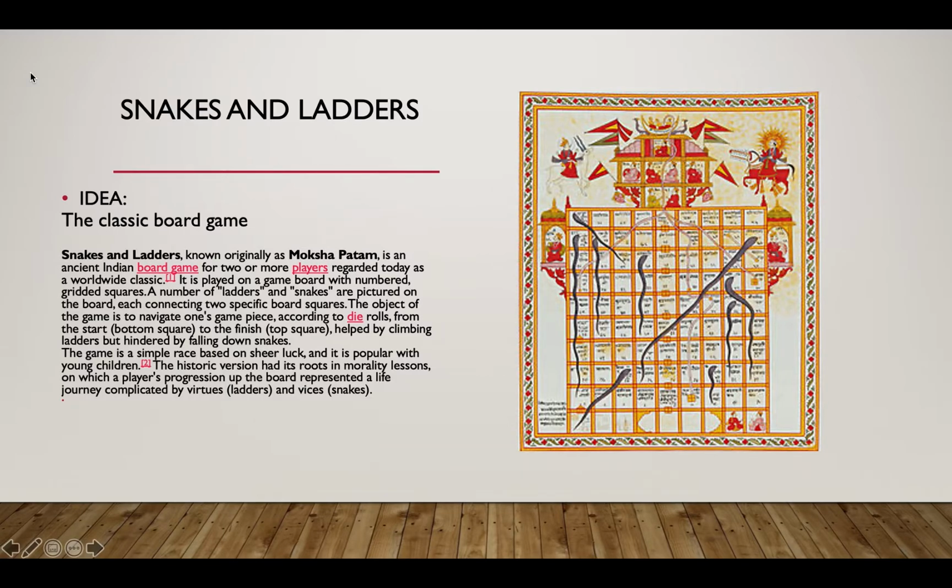So what's with the ladder? What's with the snake? It's basically a virtue or a vice. So you're going up, you fall down the snake, you climb up the ladder.